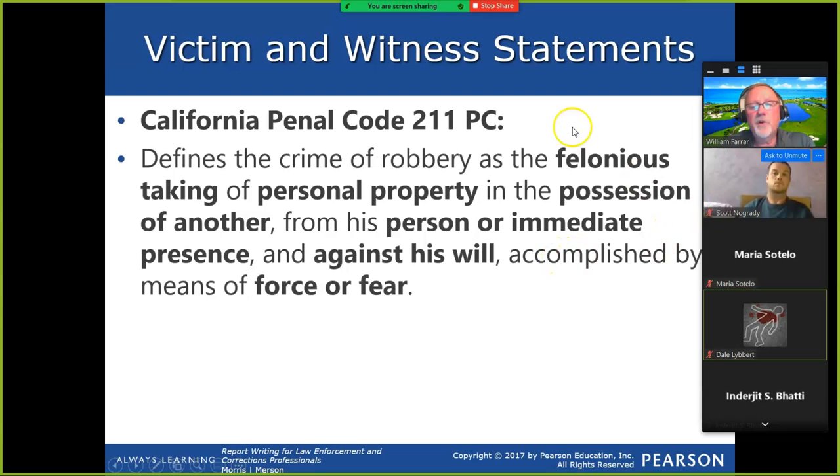So if you're going to prove this code section, 211 of the California Penal Code, which is robbery, you have to meet the highlighted, the bold words right here. So it has to be the felonious taking of personal property in the possession of another, from that person or their immediate presence, and the big thing, against their will, accomplished by force or fear.